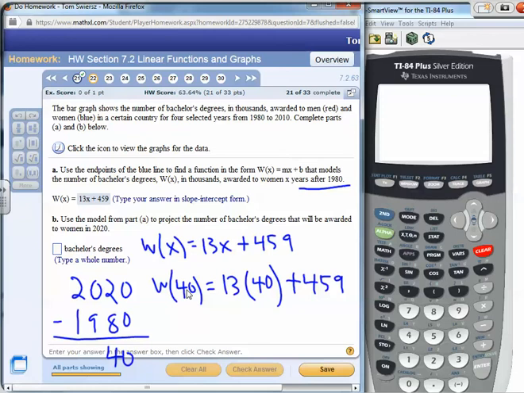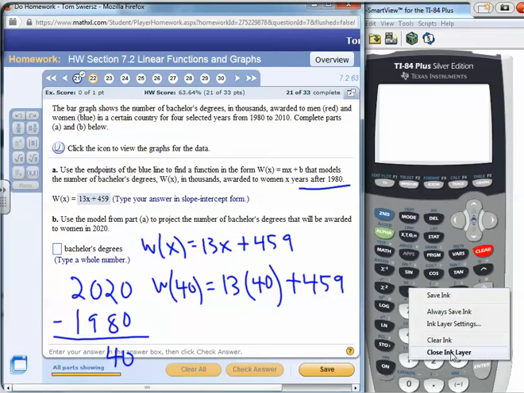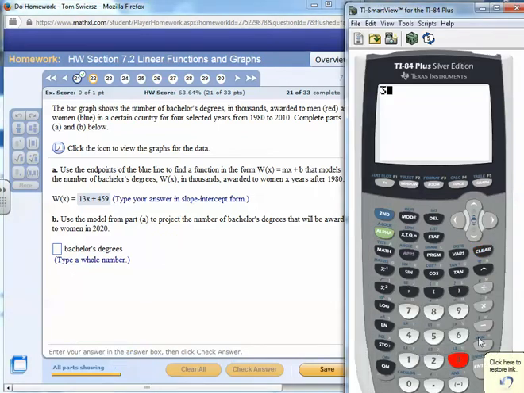Now, again, it's in thousands, so you have to be careful. So you do 13 times 40 plus 459, right? Oops, that didn't get the 13. Let's try that again: 13 times 40 plus 459, and we get 979.